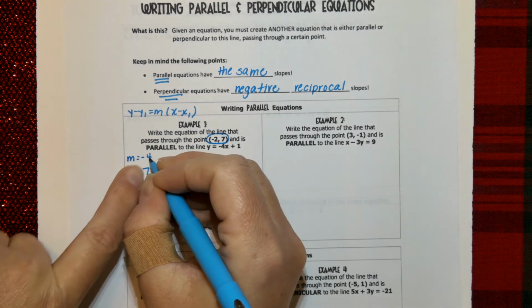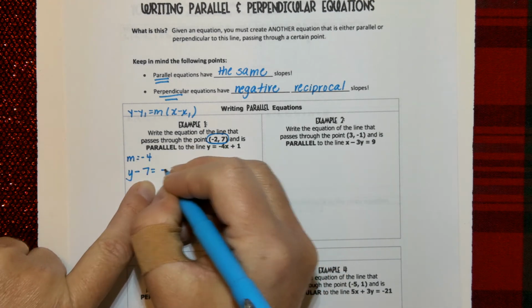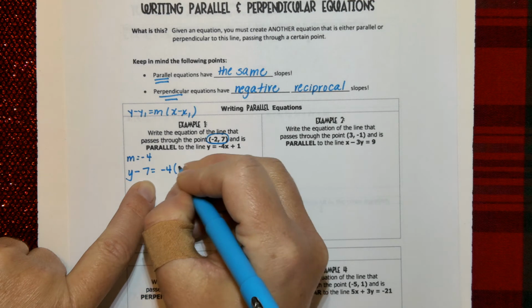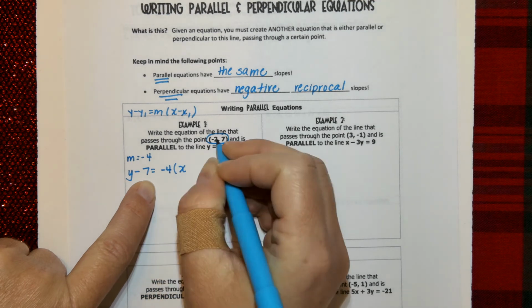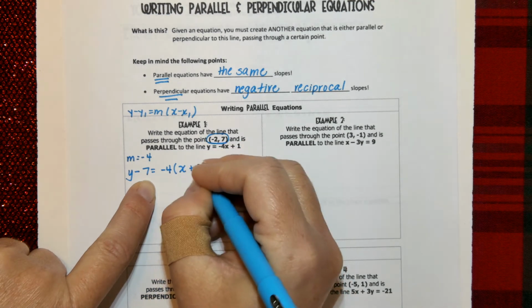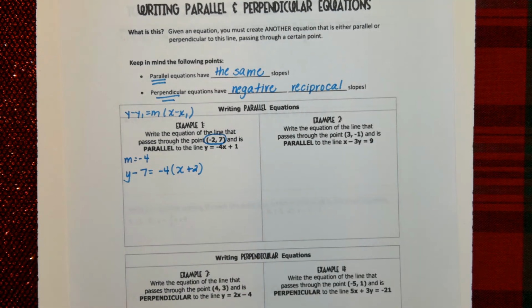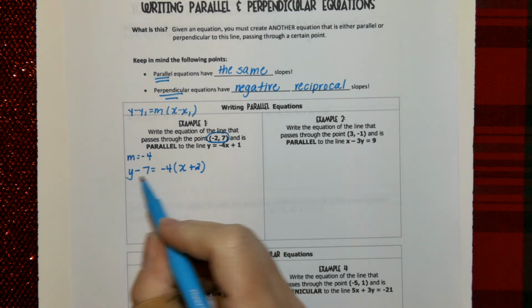y minus 7 equals the slope, which is negative 4 because it's parallel, parenthesis, x minus negative 2, which is really x plus 2. So we're getting there, right? We've got our slope, we've got our ordered pair, we've got our point slope form.